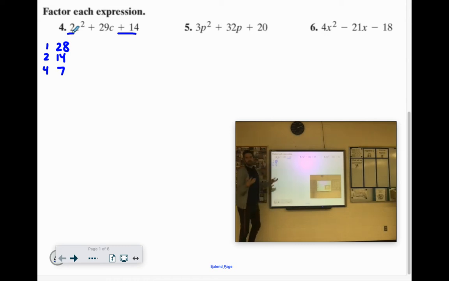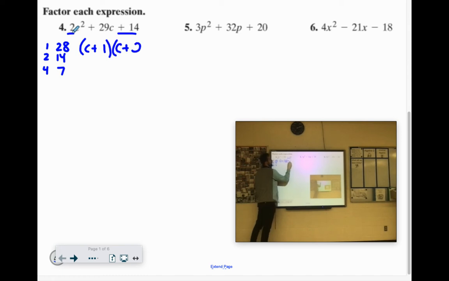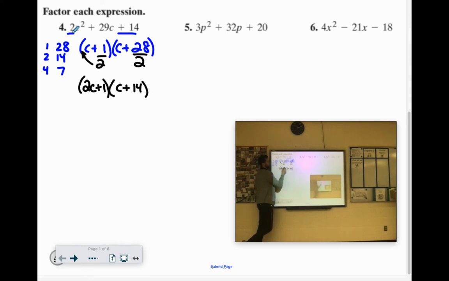Which set adds up to 29? That would be 1 and 28. So c plus 1, c plus 28. And then we try to divide them by the a, which in our case is 2. Now if we can't do that, remember the 2 comes to the front, so it becomes 2c plus 1. Over here, 28 divided by 2 is 14.